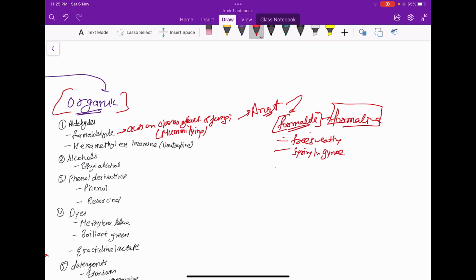Thereafter disinfection. Thereafter conservation of vaccines and serums. Thereafter the conservation of anatomic preparations, right?